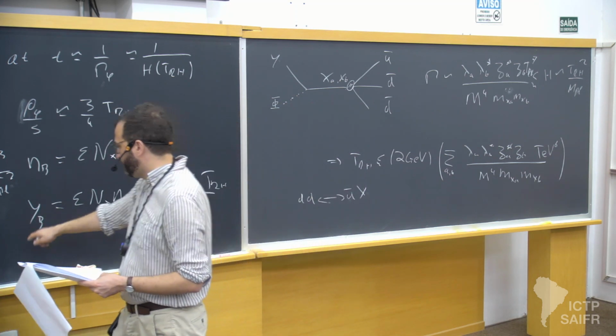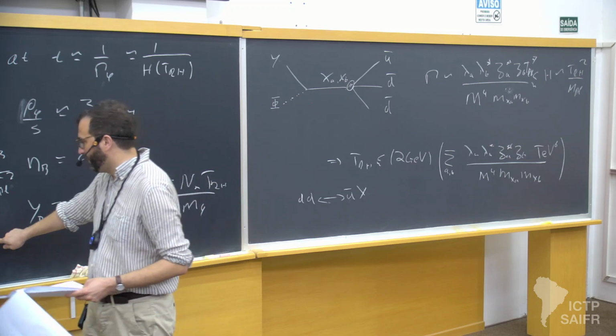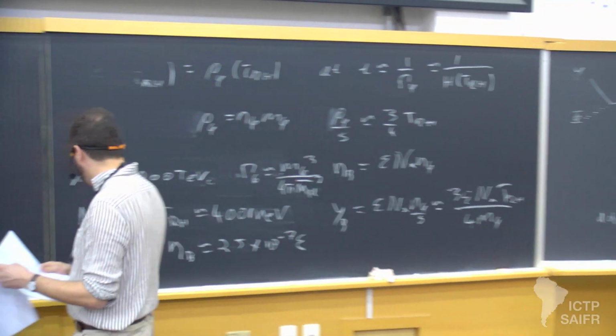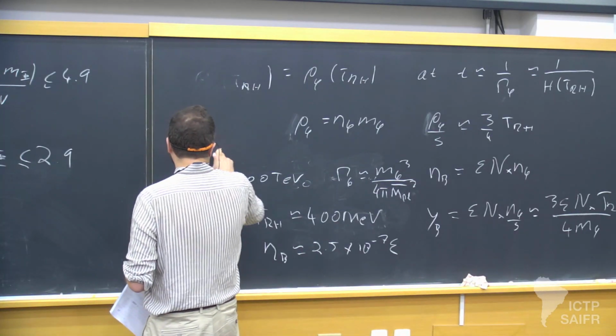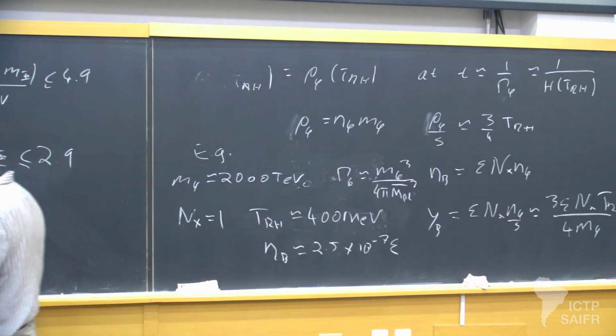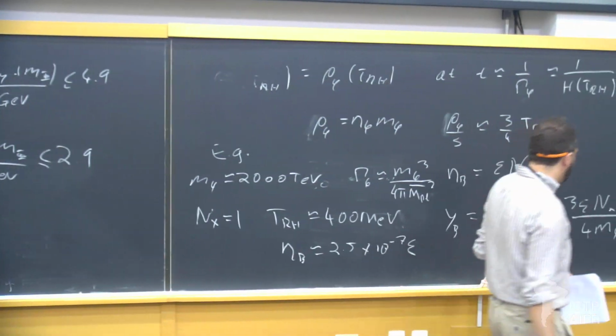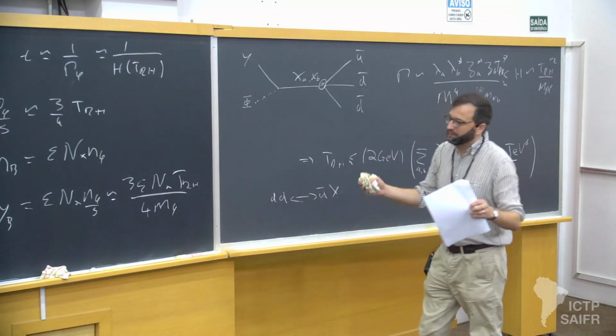So also there's other parameters where smaller epsilon and M phi are possible. So that's how this sort of model works.